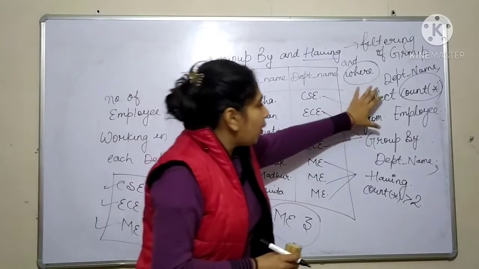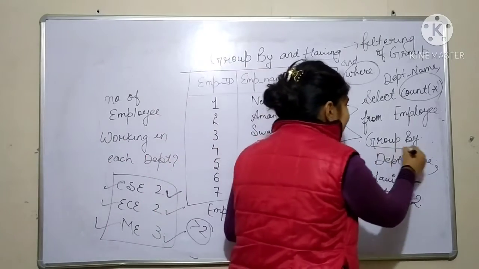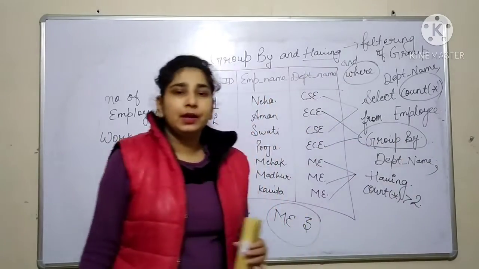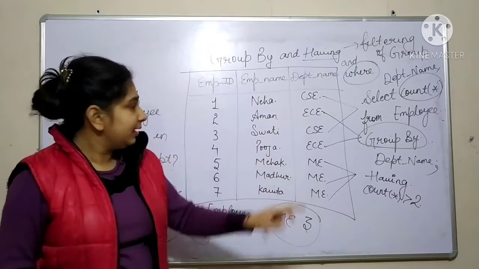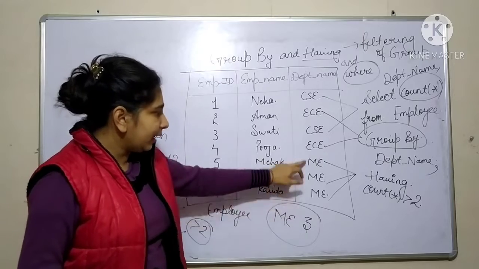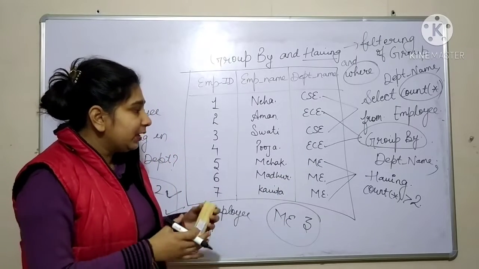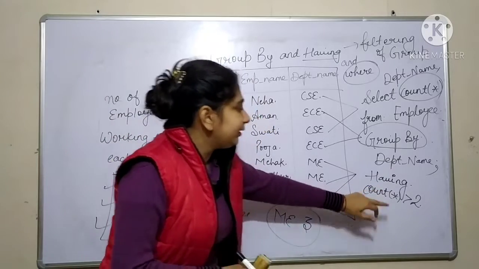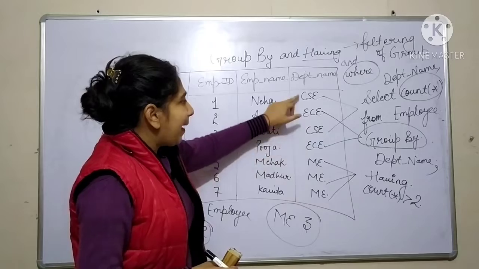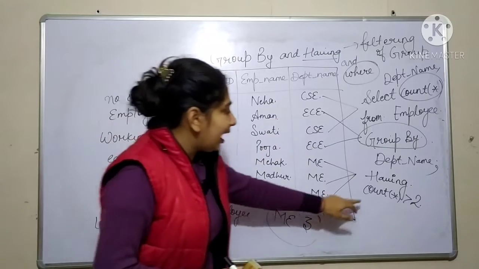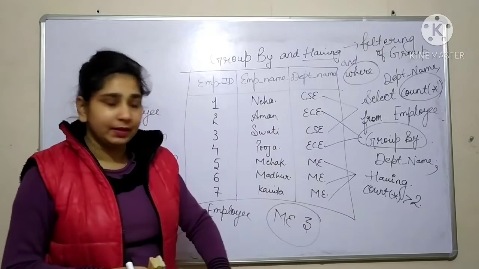Okay, how is this code going to run? First of all, we will be running this group by. We are making groups like CSE, CSE, ECE, ECE, and all these three mechanical engineering. Now, what we are doing, we are counting each and every department name. We are counting how many times each group is coming.